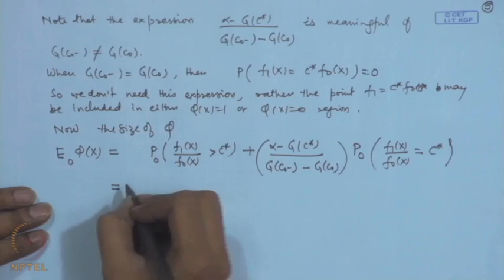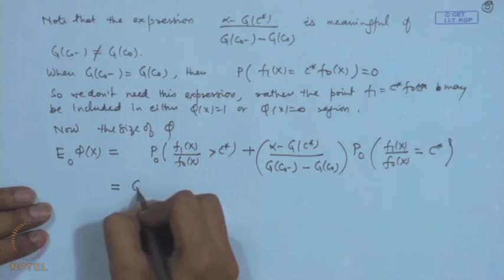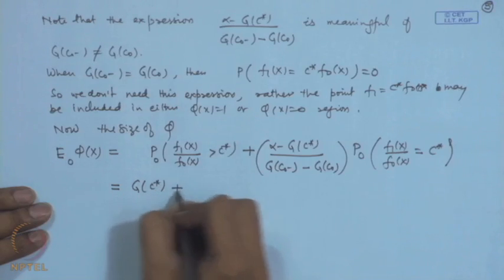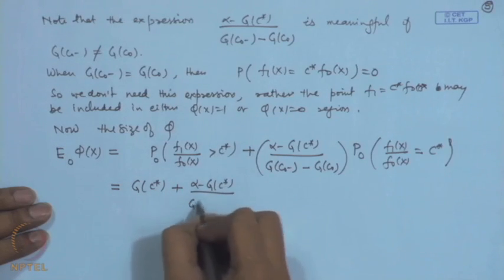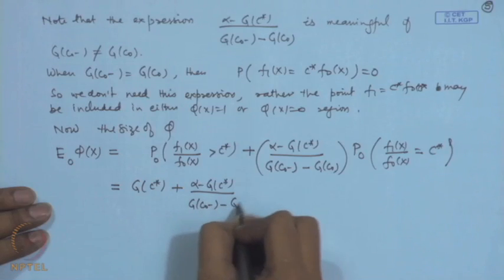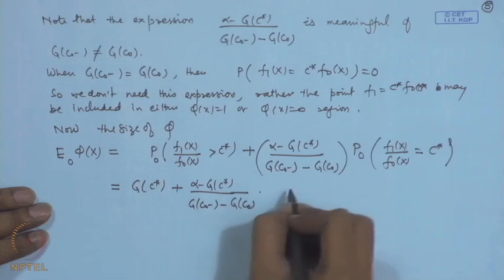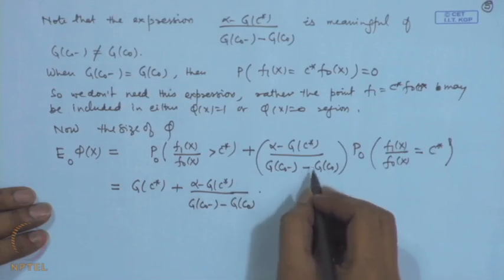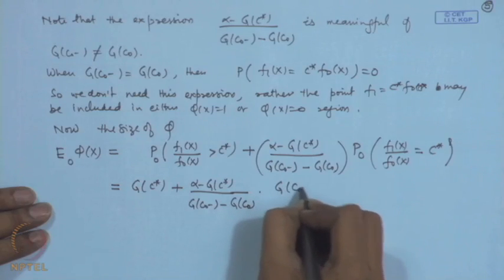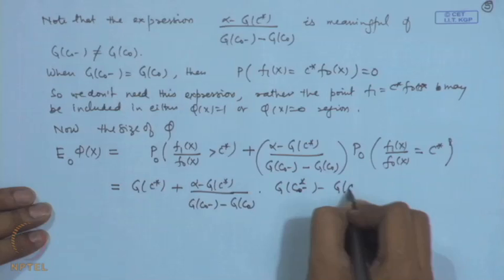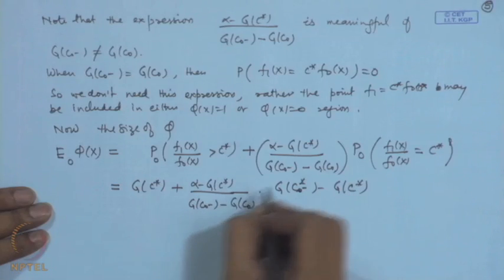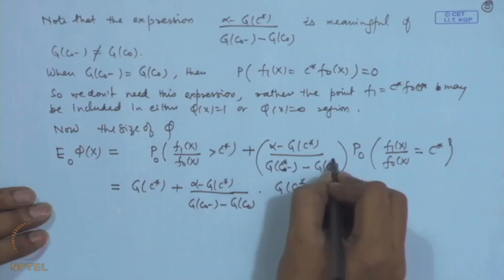So, that is equal to, now this is nothing but g c star plus alpha minus g c star by g c naught minus g c naught into this portion is nothing but once again g c naught g c star minus g c star.